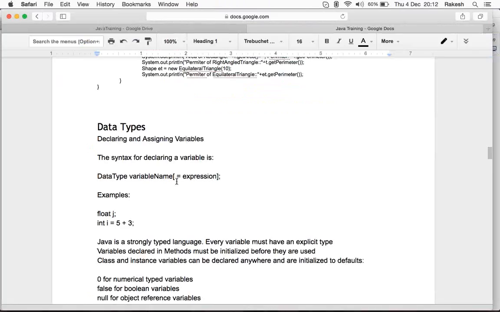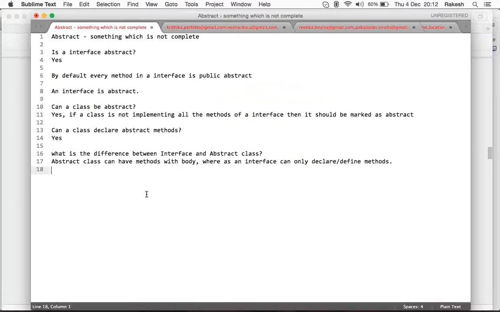For example, if you want to represent a bunch of characters, you will use something called String. If I want to represent a number, I will use int. Int represents a number, right? If you want to represent a decimal, I will use something called float.